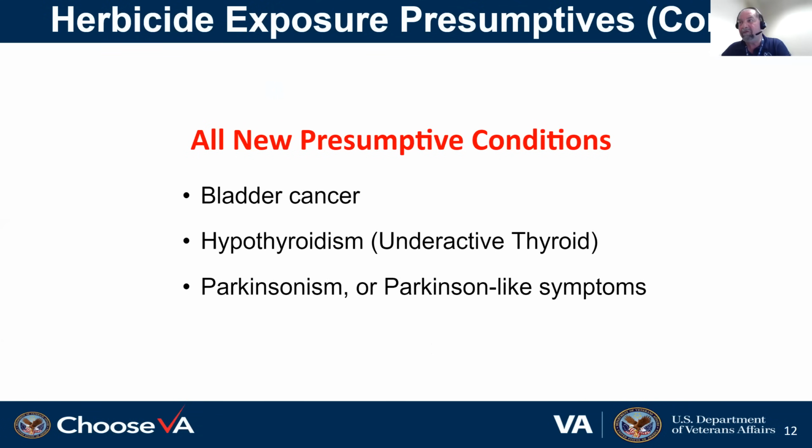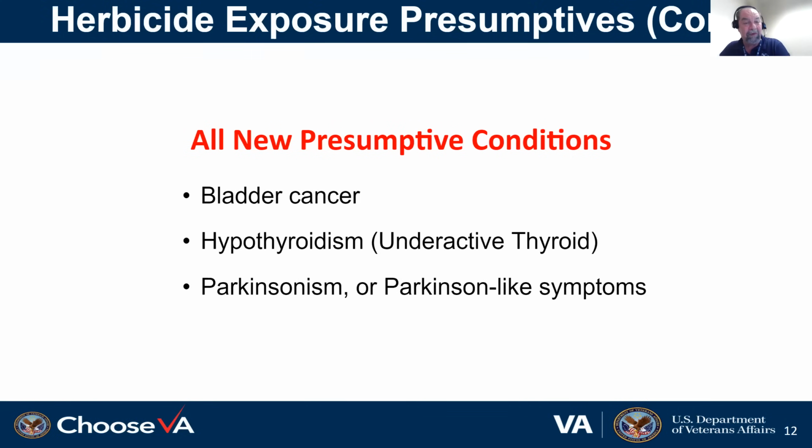So if we think about Parkinson's, oftentimes we might see an individual that shows the shaking hand, almost like a tremor of some type, although they may not have been diagnosed with Parkinson's at that time. Well, that is a Parkinson-like symptom.